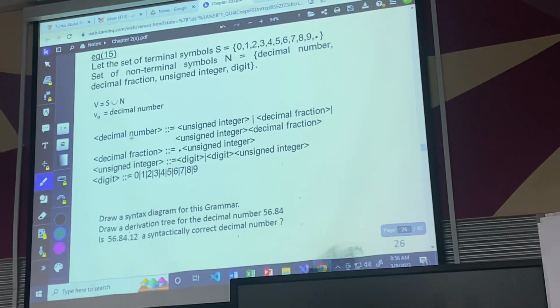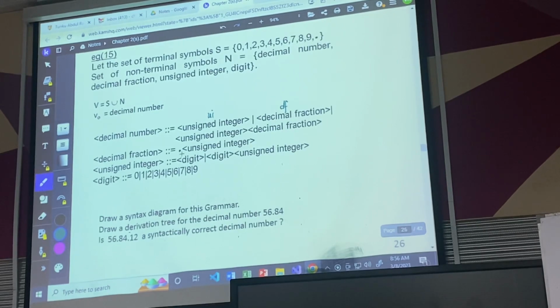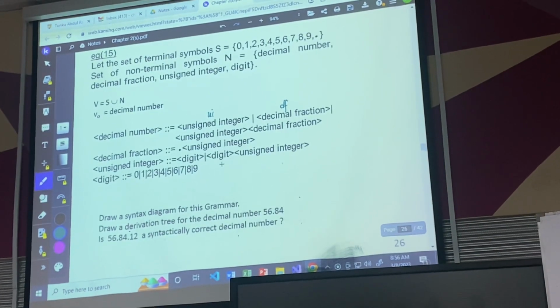You can see the decimal number, you can substitute with unsigned integer, or decimal fraction, or unsigned integer and decimal fraction together. Okay, so we will use symbols to represent these: UI for unsigned integer, DF for decimal fraction, and digit.